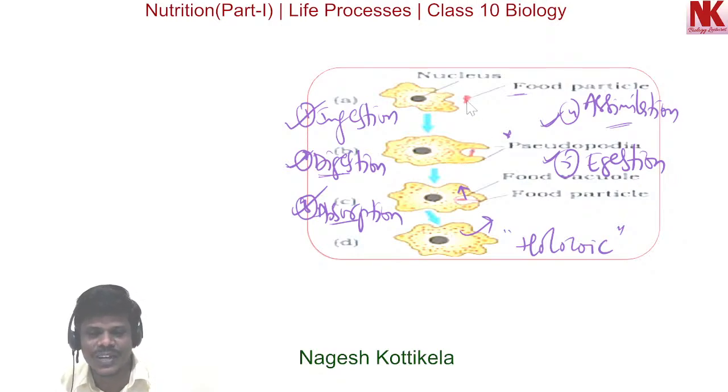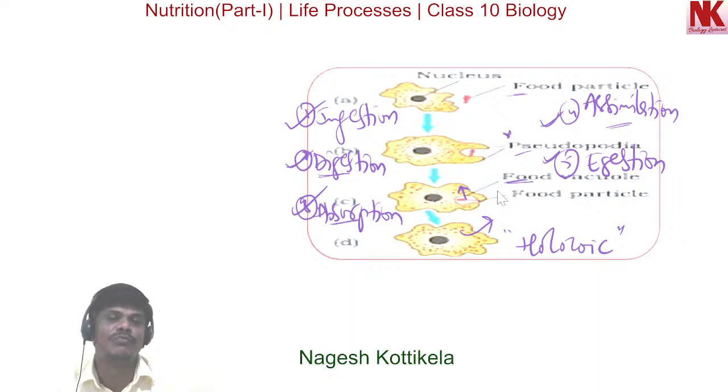You can see the important structures called pseudopodia playing an important role in ingesting the food particle. The food vacuole inside the amoeba digests the food. Then it is absorbed, assimilated, and the wastes are released out of the cell.